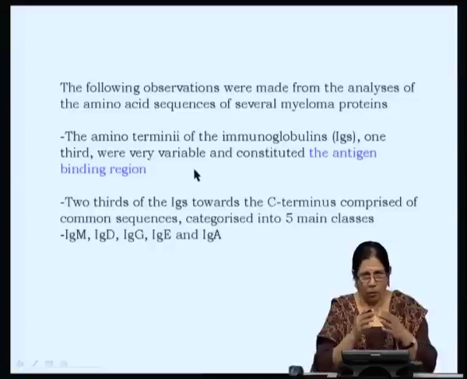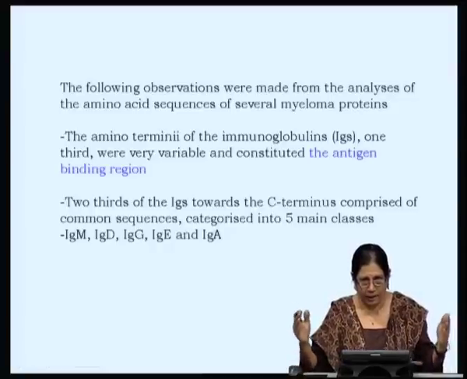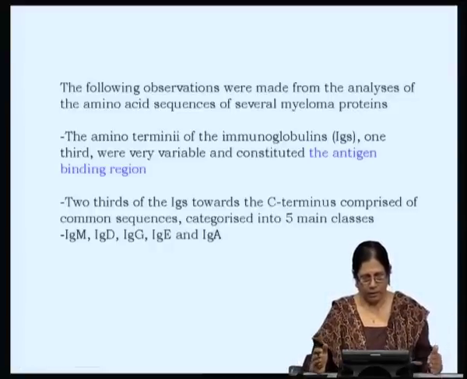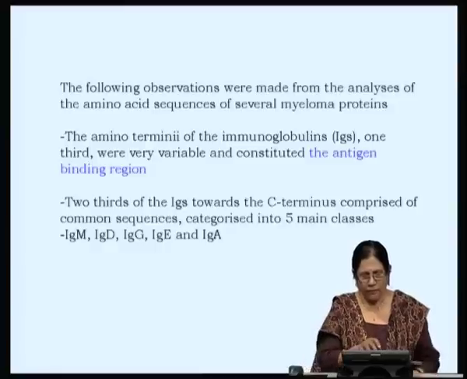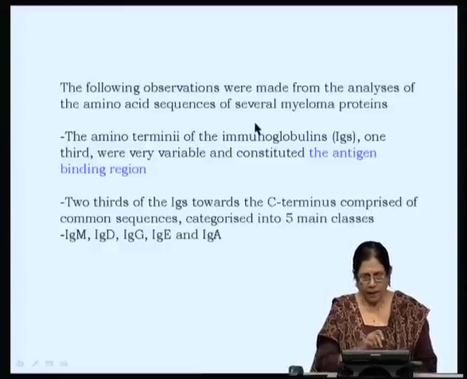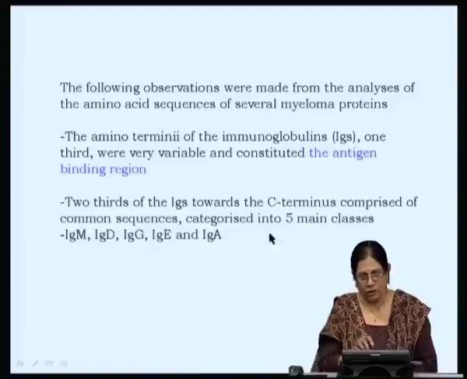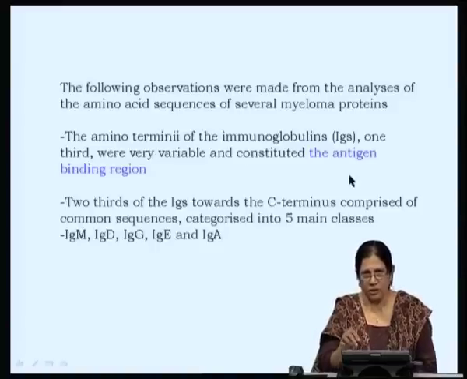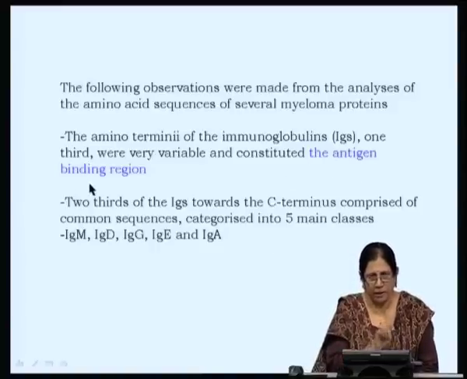When they looked at all the sequences of the myeloma proteins, they found that the amino termini were always very variable, and therefore it was logical to conclude that this region would constitute the antigen binding region.